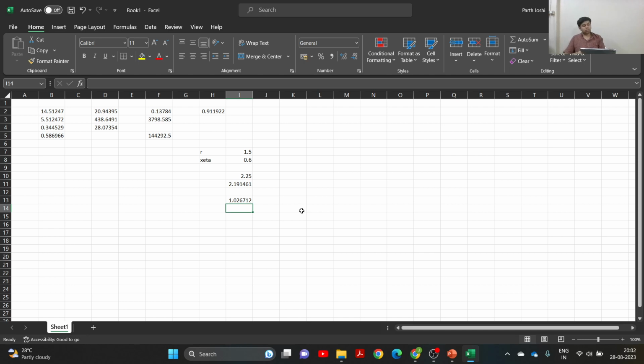So in terms of percentage, it is basically equal to 0.0267 into 100, which is 2.67%.